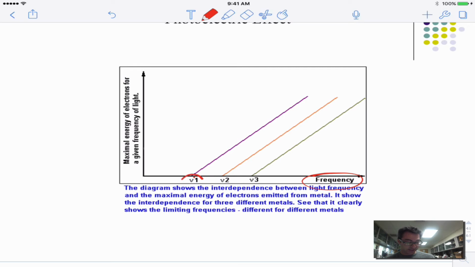The first electron, at the lowest frequency that has the threshold, will come off at a certain energy, and then the next, and then the next. So this would be my first metal. As I increase the frequency, the electron will come off at higher energy. If I use a second metal, it may have a different threshold, but as I increase the frequency, the electron will come off with more and more energy. And then if I have my third metal, if I increase the frequency, the electron will come off with more and more energy.